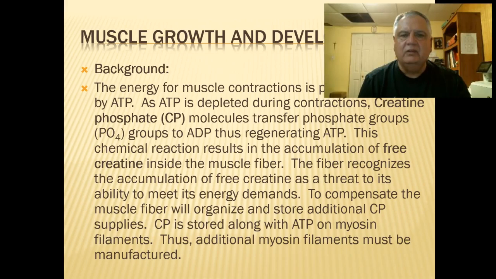So the muscle has another method built in to reorganize ATP very quickly, and that is it uses creatine phosphate, or CP. Creatine phosphate molecules can transfer phosphate groups to ADP, thus regenerating more ATP right there on the spot, right at the site where the muscle contraction is taking place.